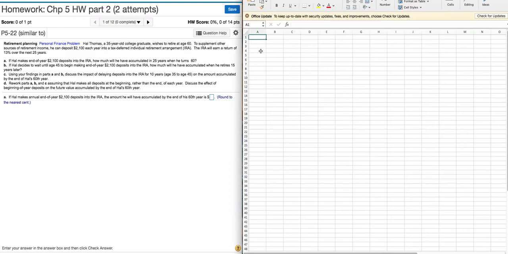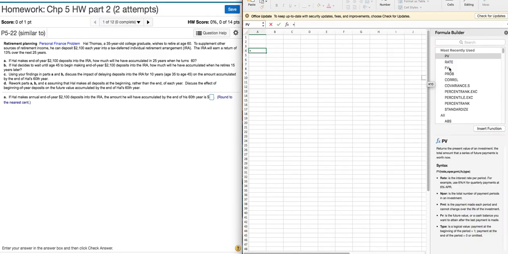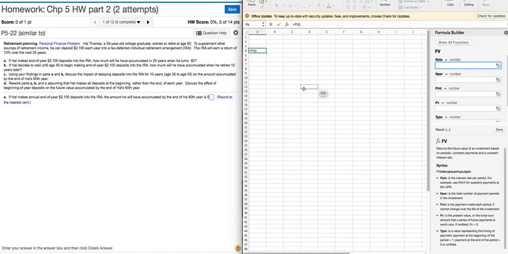So going over to Excel, we are looking here to first decide, what are we solving for? So if we're looking to accumulate a sum in 25 years out into the future, then we should be thinking of a future value. So we're going to use the Excel function for future value.